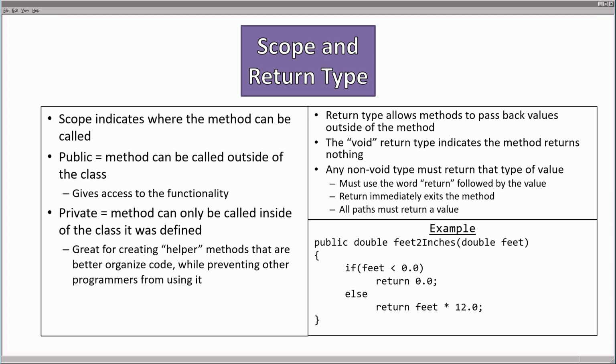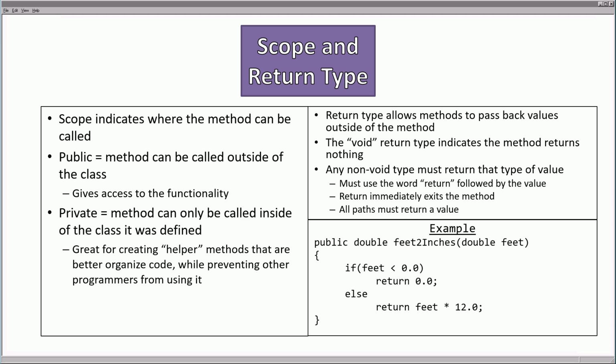Now, if the return type is anything but void, then you must return that value within the method, and we use the reserved word return in order to return said value. Also keep in mind, return immediately stops the method. It immediately exits the method with that value. And a very common syntax error that can come up from this is that every path within a method must return one of those values.